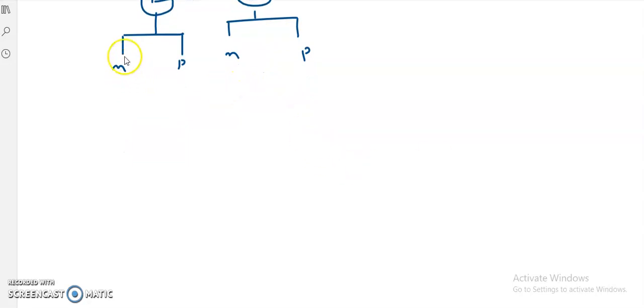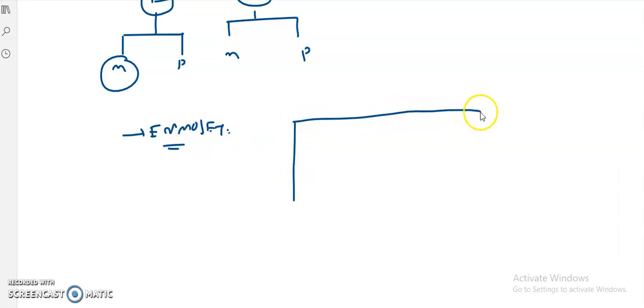So in the enhancement MOSFET, coming to the N-type enhancement MOSFET, how the structure looks is that generally the MOSFET is a 4-terminal device. It has a total of 4 terminals.